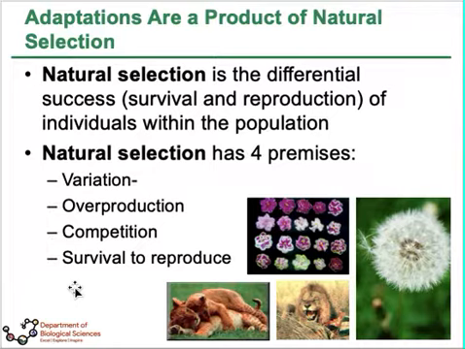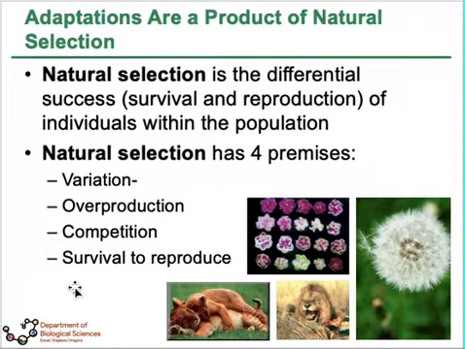Okay, so that's overproduction. So mapoproduce ang organism ng maraming offspring, but you will not expect na lahat ng offspring na produce niya ay magsasurvive. But it will not be zero. Some will be surviving. So that is one of their means or mechanism.